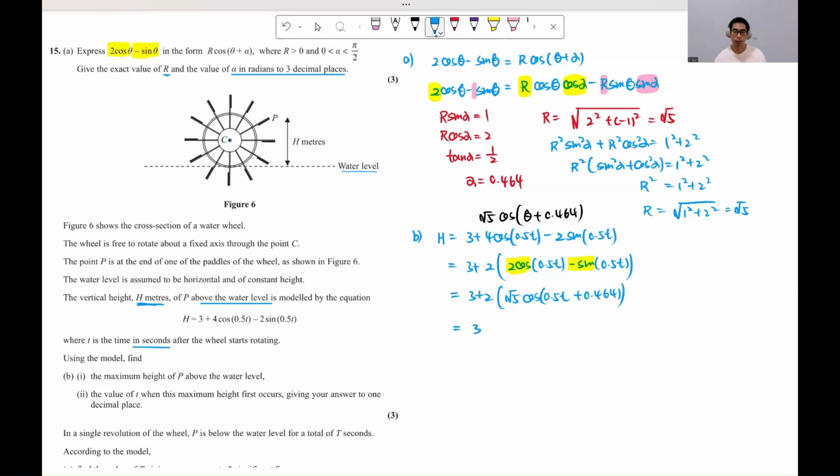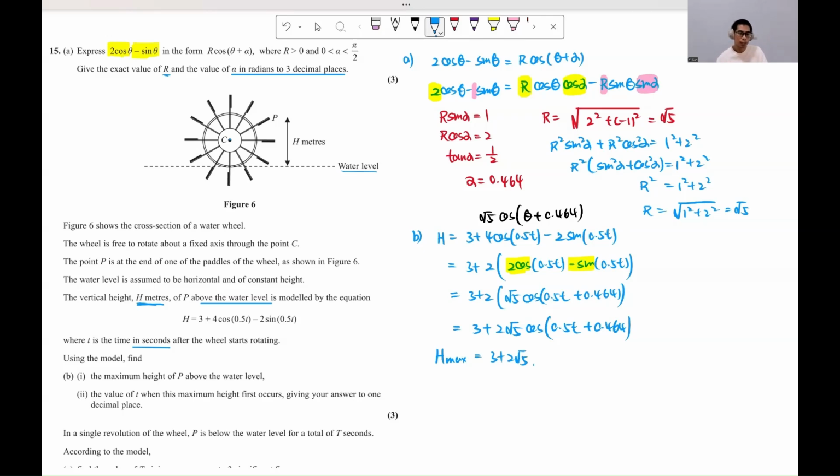Expand it out, that would be 3 plus 2 root 5 cos(0.5t plus 0.464). So that means the maximum height has to be 3 plus 2 root 5.